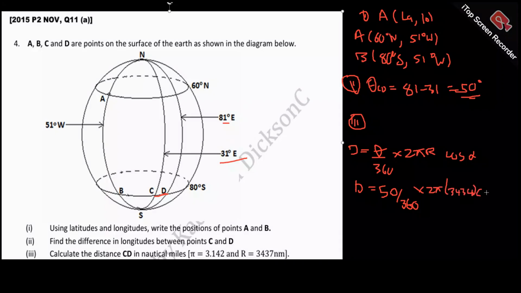For cos alpha, it is not equal to the difference, it is equal to the latitude. The distance you are finding is lying on the latitude, and it is 80. So here you're supposed to put 80 degrees. Then you punch on the calculator, and you should get 551.